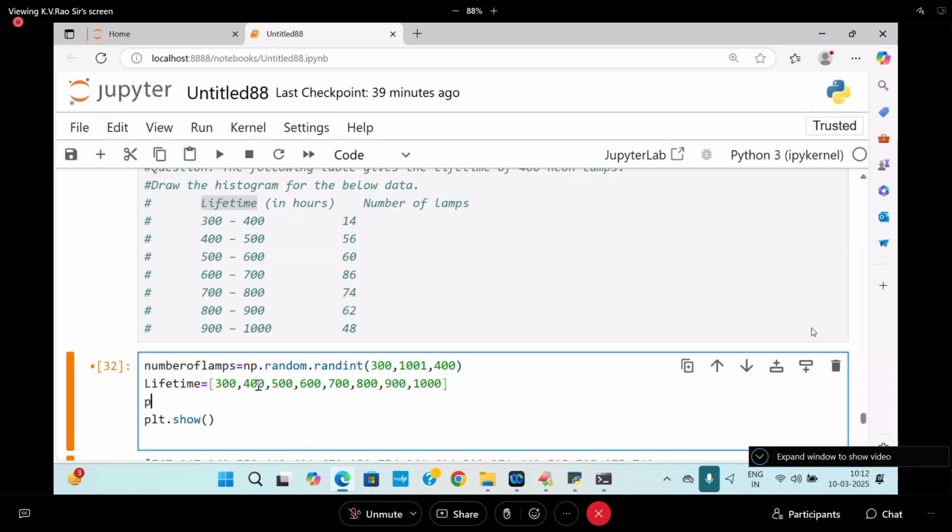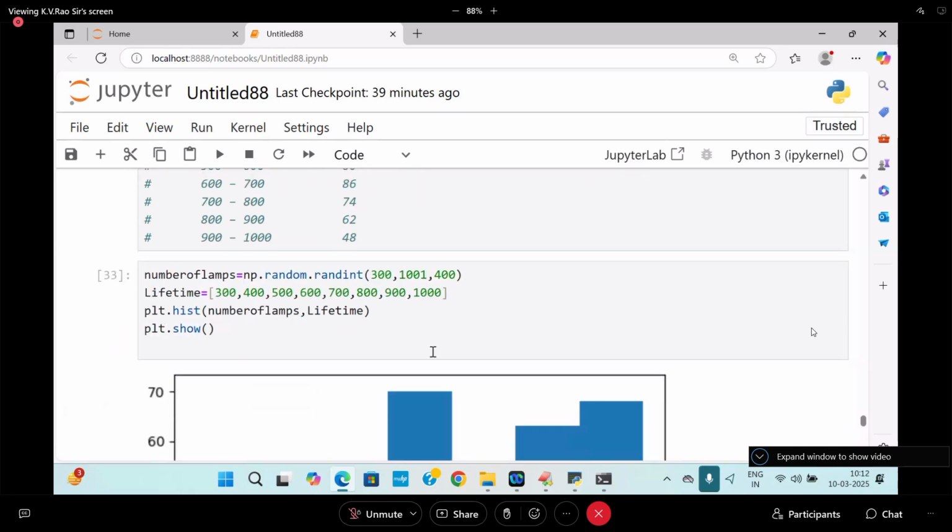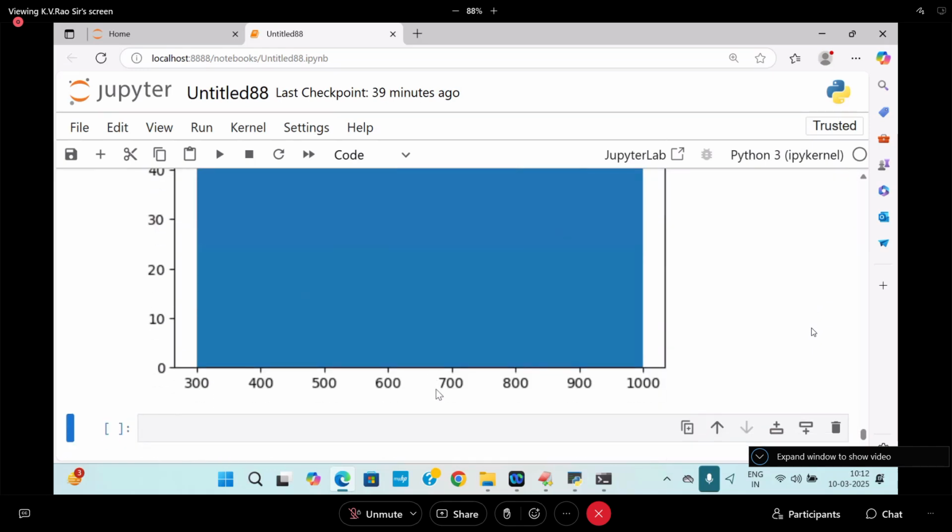Before that, plt.plot. What is that? Number of lamps, and then what? Lifetime. So there I'm going to get something perfectly here.